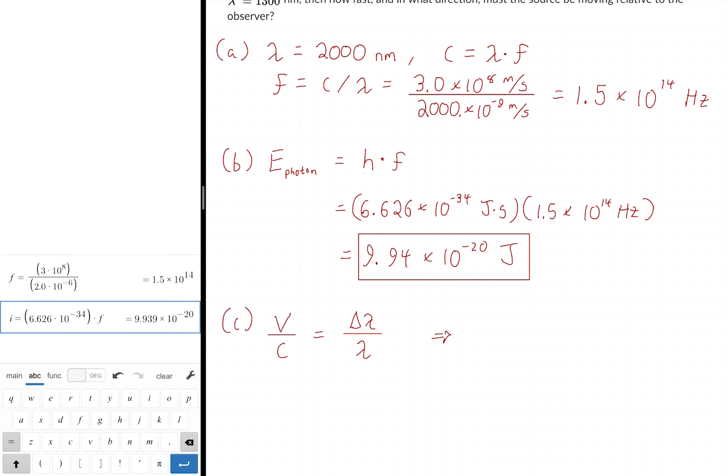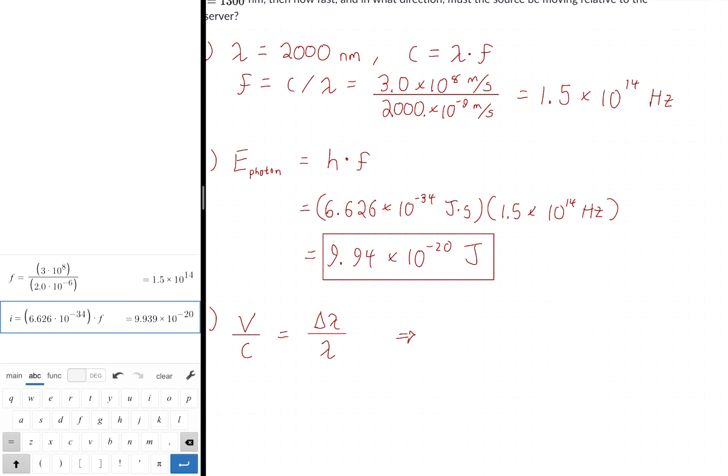If we expand that delta lambda, representing the difference of wavelengths, our formula becomes V over C, the ratio of the velocities, equals the new wavelength minus the original wavelength, over the original. In this case we get a positive value because lambda prime is larger than lambda. The new shifted, observed wavelength is longer than when that same wavelength is observed at rest.